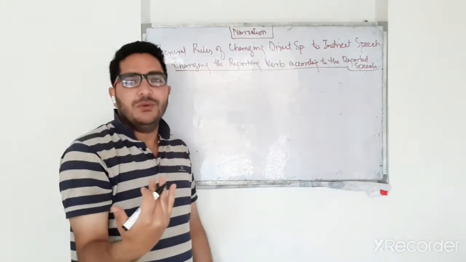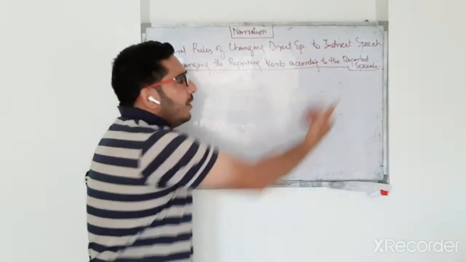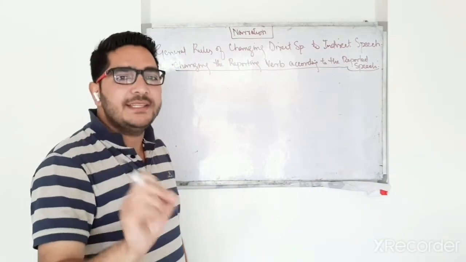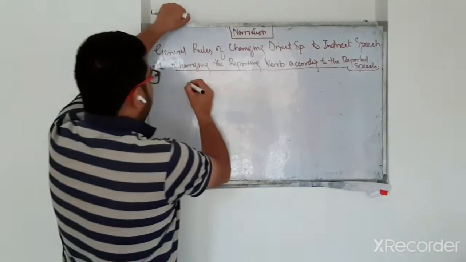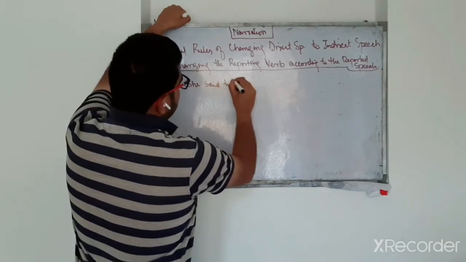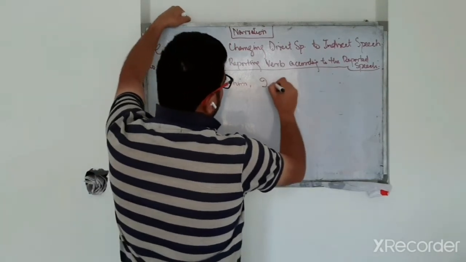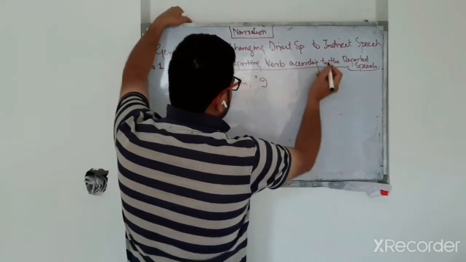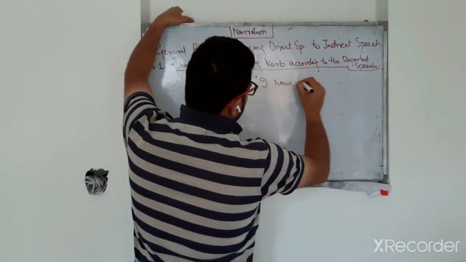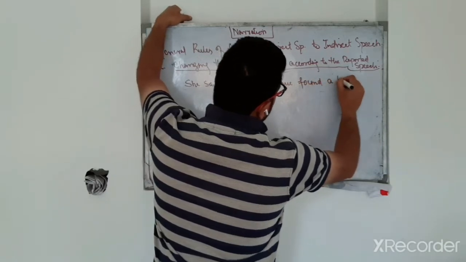What does that mean? That this reporting verb is changed according to the reported speech. I'll write two examples here so that you may understand. For example, I shall write, she said to him, I have found a house.